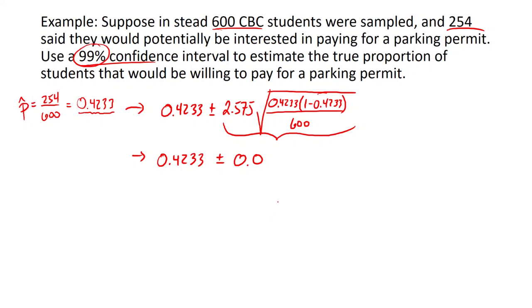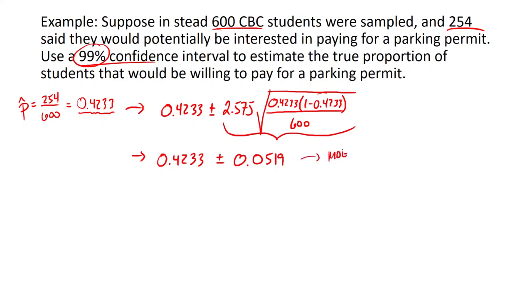Anybody has something different or the same? 0519. I think I might have done it wrong. I think that sounds reasonable. It's about what I was expecting. You did the same thing, Shadi? Okay. 0.0519. Yeah. Okay, so this is our margin.